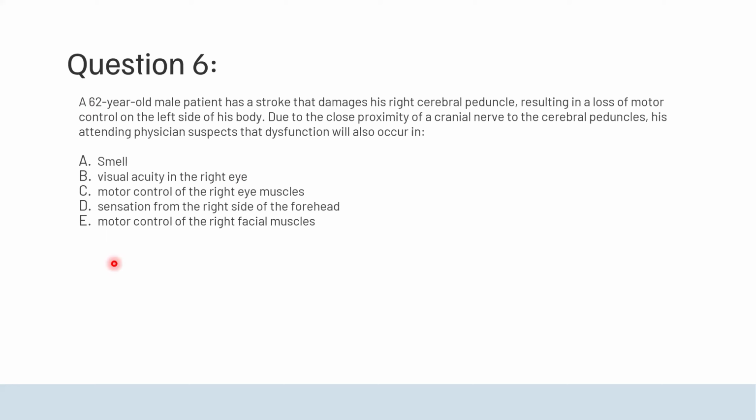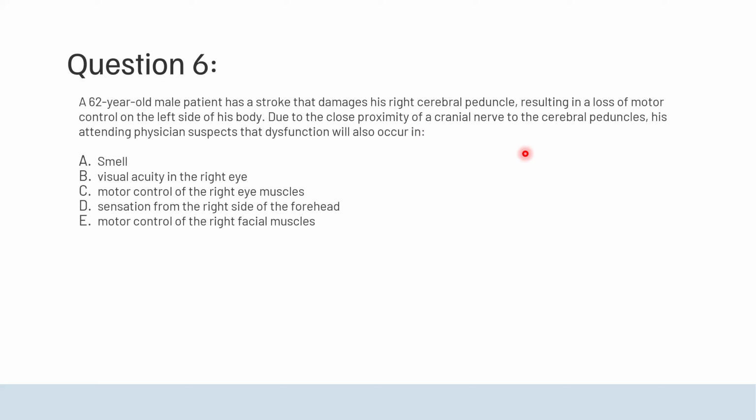Now, the reason for this is that I'm sure a lot of you just thought of cerebellar peduncles and you screw yourself over because I would have done the same. But this is cerebral peduncle. The cerebral peduncles are those projections that go up from the midbrain. And what is the most high up in the midbrain? I forgot where they were. Okay. So the cerebral peduncles are the ones that go up from the midbrain to the cerebrum.